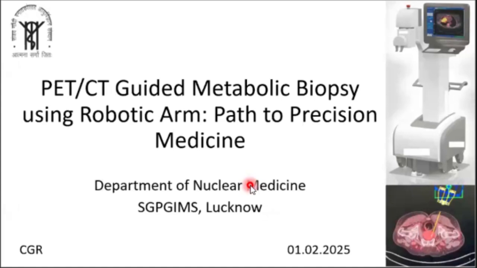So once we have that, then we can target. The rest is the mechanical arm, we call it the robotic arm. Based on the image cross section you can see at the bottom right of the screen, we can mark the path of entry of the needle and the target, including the depth of the target. This robotic arm has many dimensions of movement and can rotate in any direction.